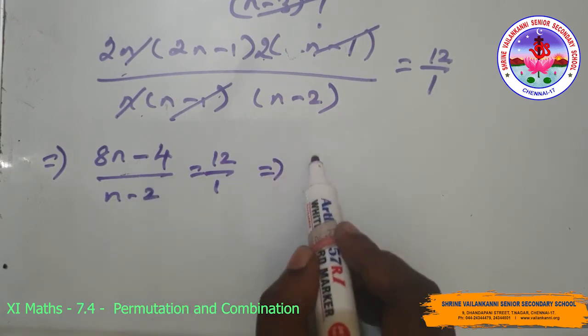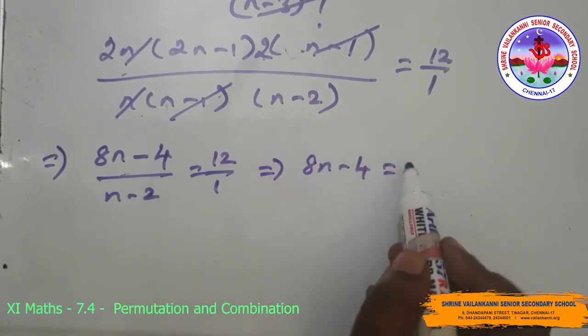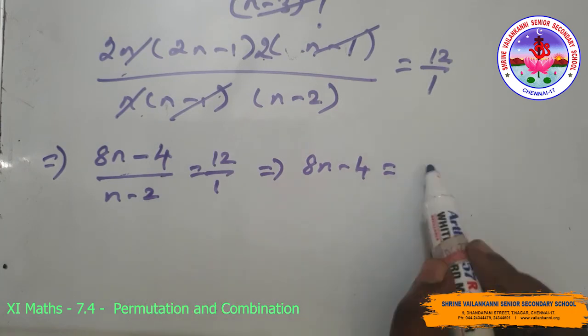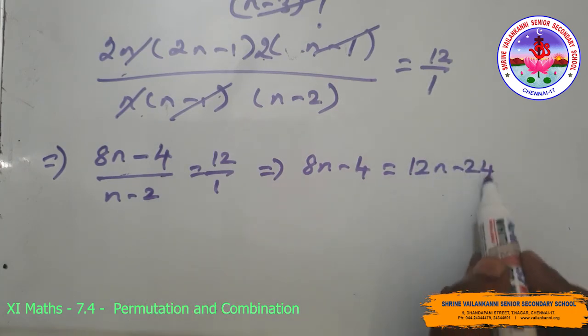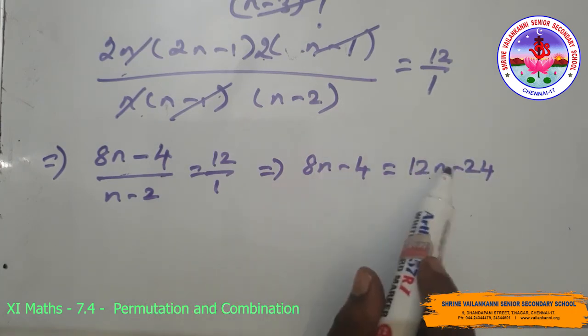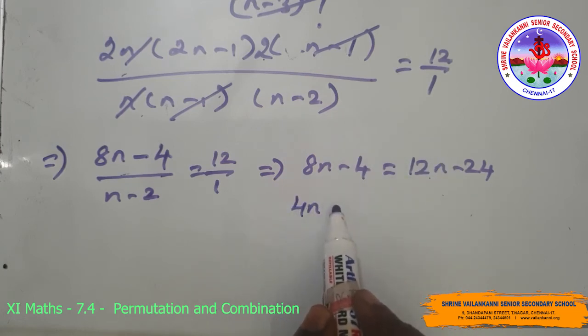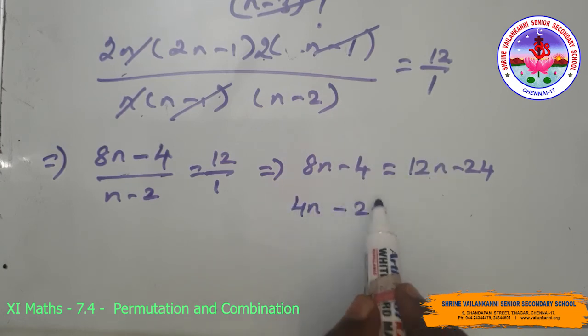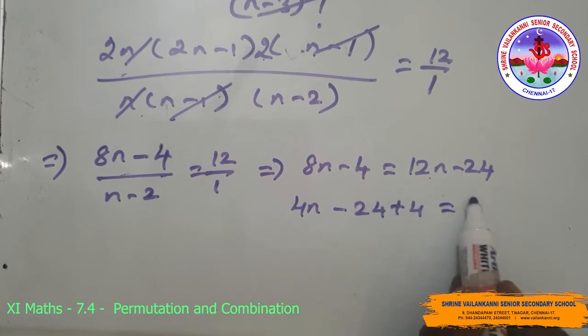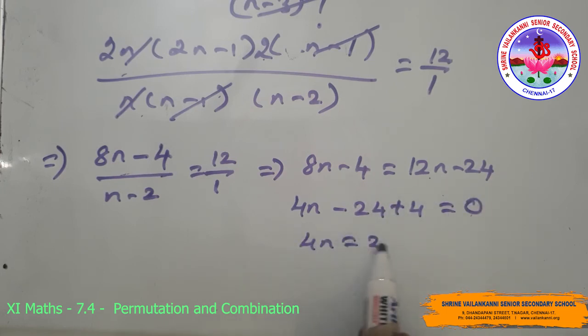So cross multiplying, we get 8n minus 4 equal to 12 into n minus 2. So 12n minus 24. Just transposing this, we get 4n minus 24 plus 4 equal to 0. So 4n equal to 20, then n equal to 5.